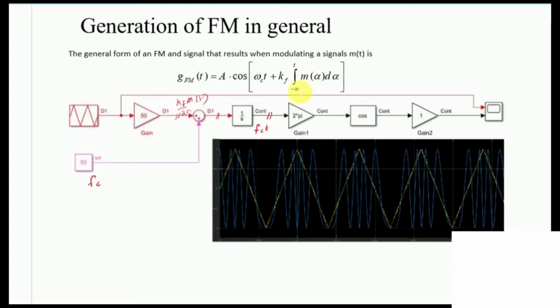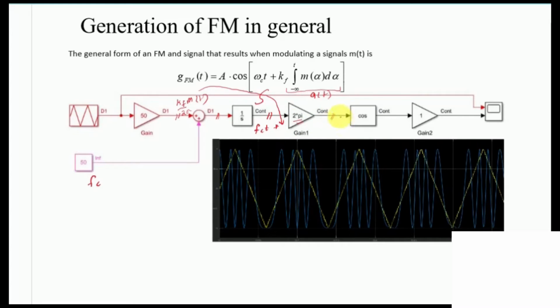To make this equivalent to our original equation, we multiply the whole of this with 2 pi, so that we have 2 pi fct plus the integration of this over here. Once we pass it through the gain of 2 pi, we have omega ct plus kf times this block, which we often refer to as A of t.